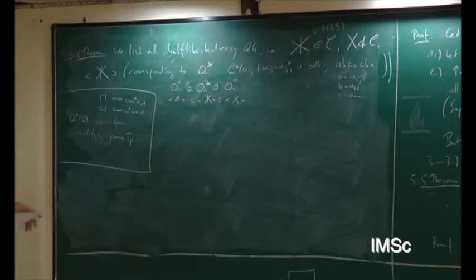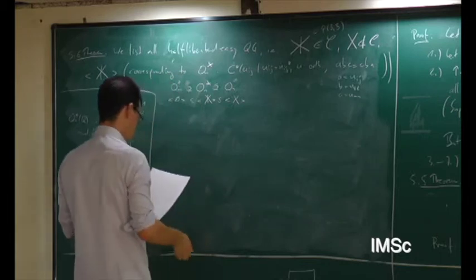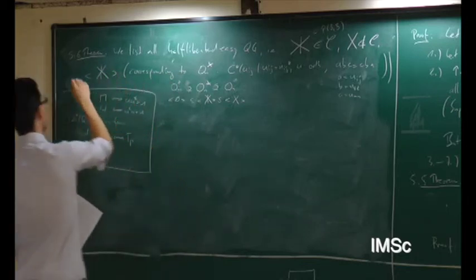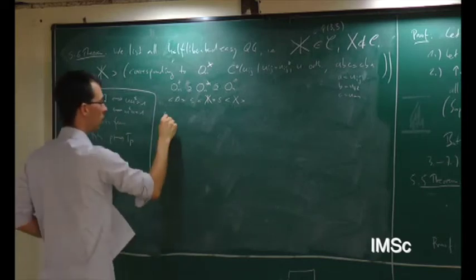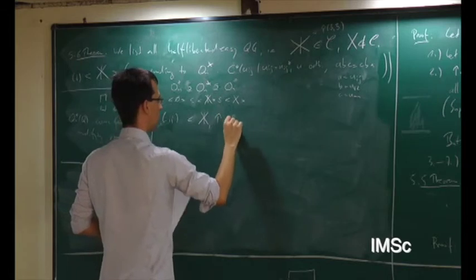Okay, so this was one of these half-liberated ones. I wanted to list them all. Another one is, so maybe this is the first one. The second one is this one.